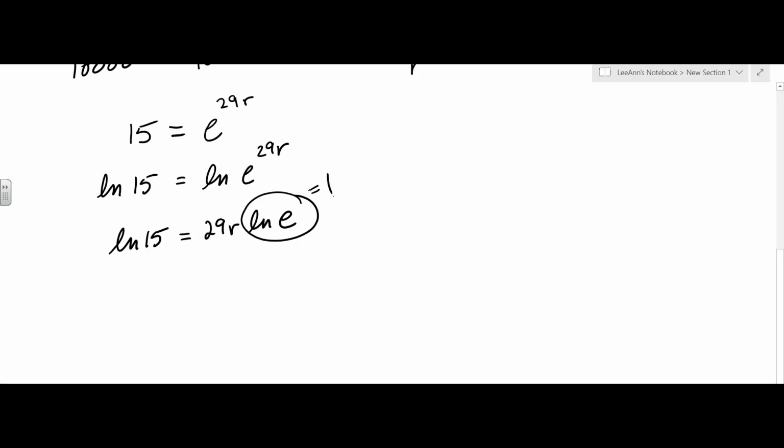When you have the e in the equation, you apply the natural log, and then that makes it a little bit easier. We also have property 3, if you don't like thinking about it the way I just showed you, that says log base a of a to the x just equals x. So when you have a natural log of e to whatever, that's just going to equal the exponent.